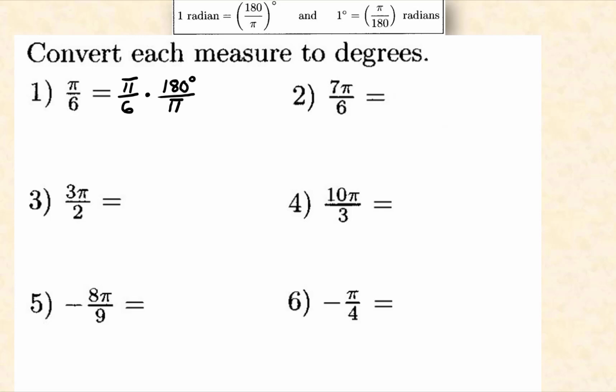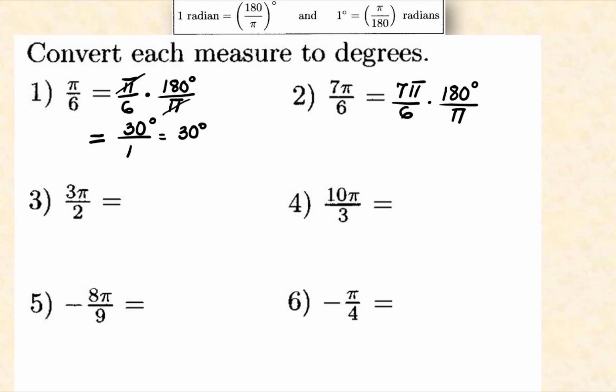Pi will cancel each other, and 180 divided by 6 is 30 degrees. 7 pi over 6 will be multiplied by 180 degrees over pi.